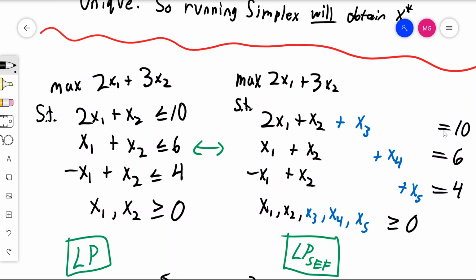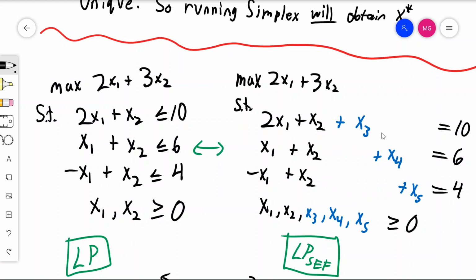So we just add a slack variable so that whatever's left over from 2x1 plus x2, there's still some slack to get to 10. So x3 will pick that up so that you can exactly equal 10. And then the same thing for these next two constraints. I've just written the same things, but we've added these new slack variables. So x4 for this next constraint and x5 for that last constraint, so that we equal the right-hand sides of 10, 6, and 4, respectively.